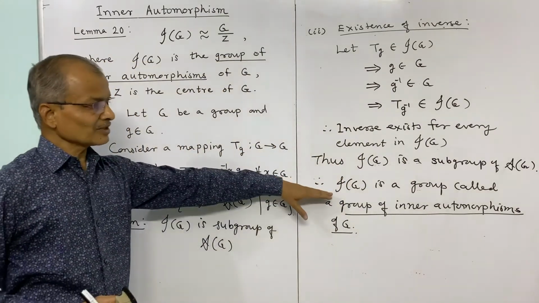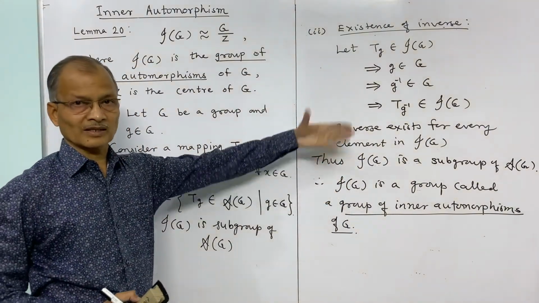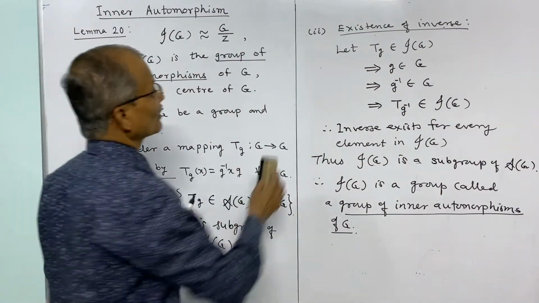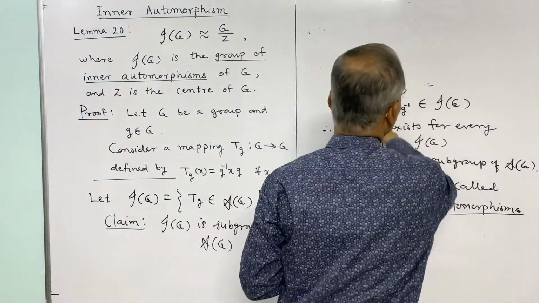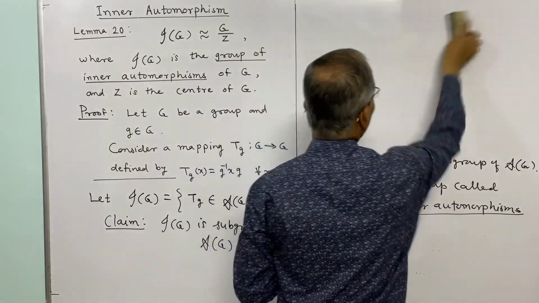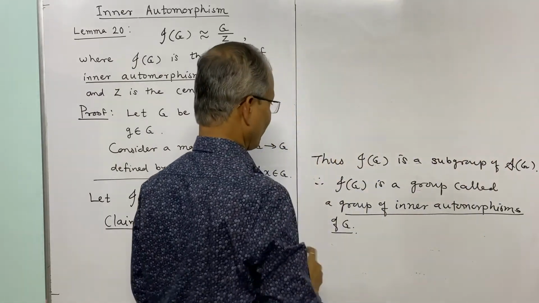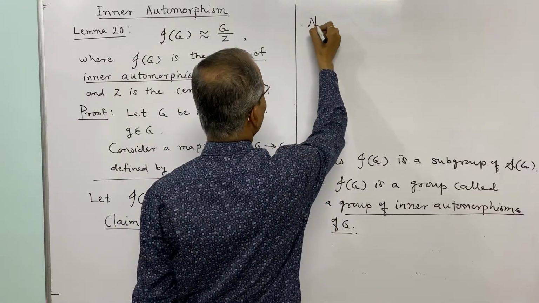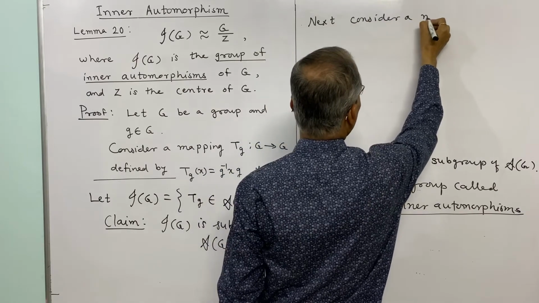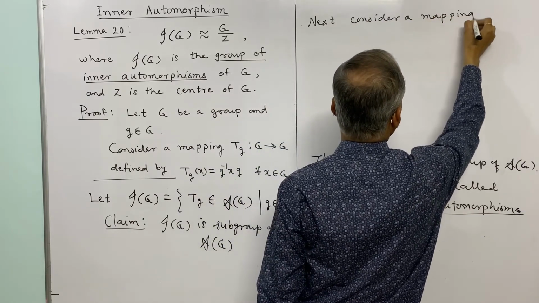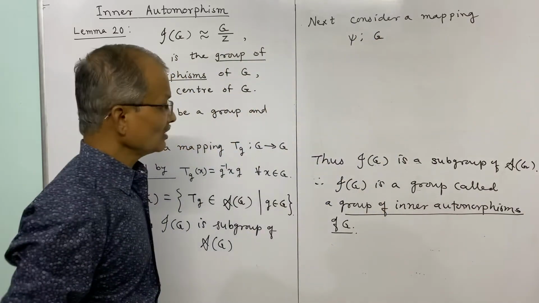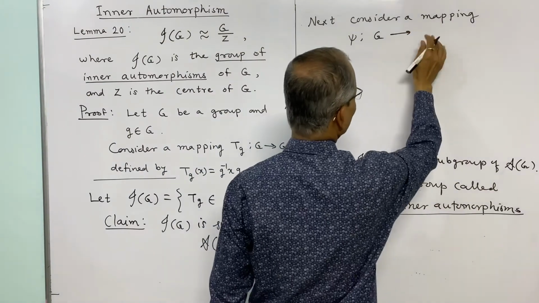Now once it becomes a group, we shall consider another mapping psi from G to Ig. Now further, consider a mapping psi from G to Ig. This is a group.